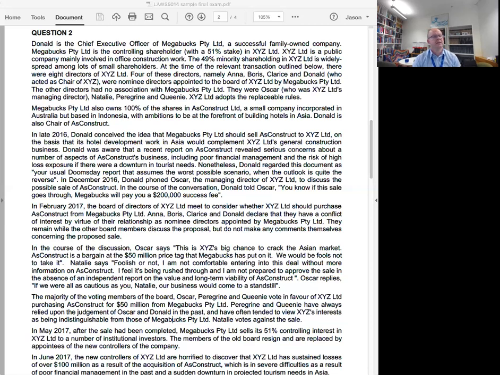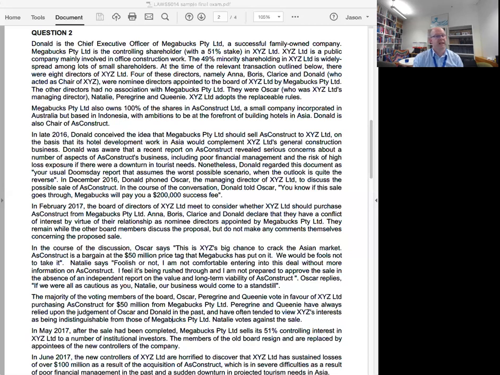So Donald conceived the idea that Megabucks should sell AsConstruct to XYZ on the basis that the hotel work will complement XYZ's general construction business. He was aware of the recent report that raised concerns about AsConstruct, including poor financial management and high risks.